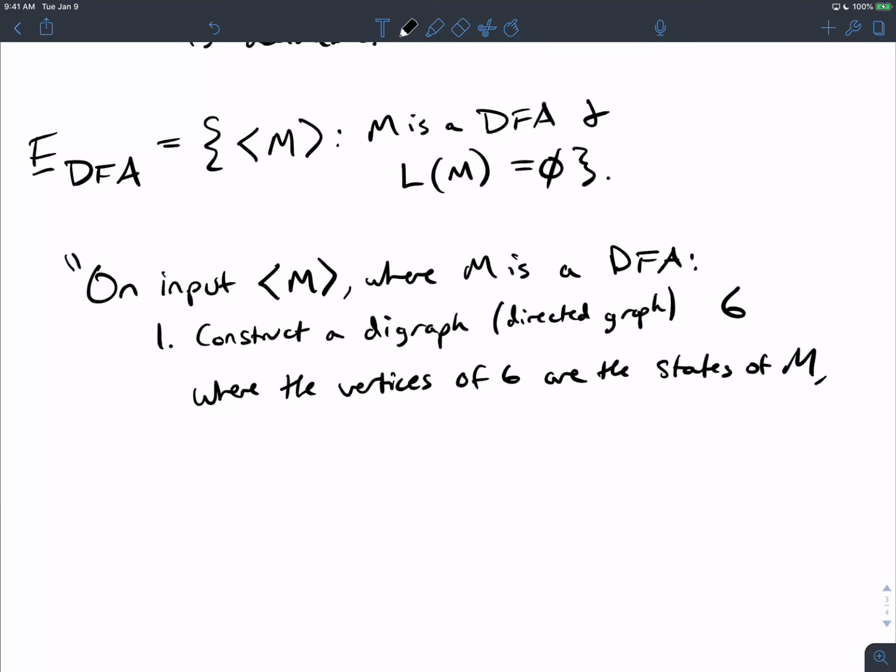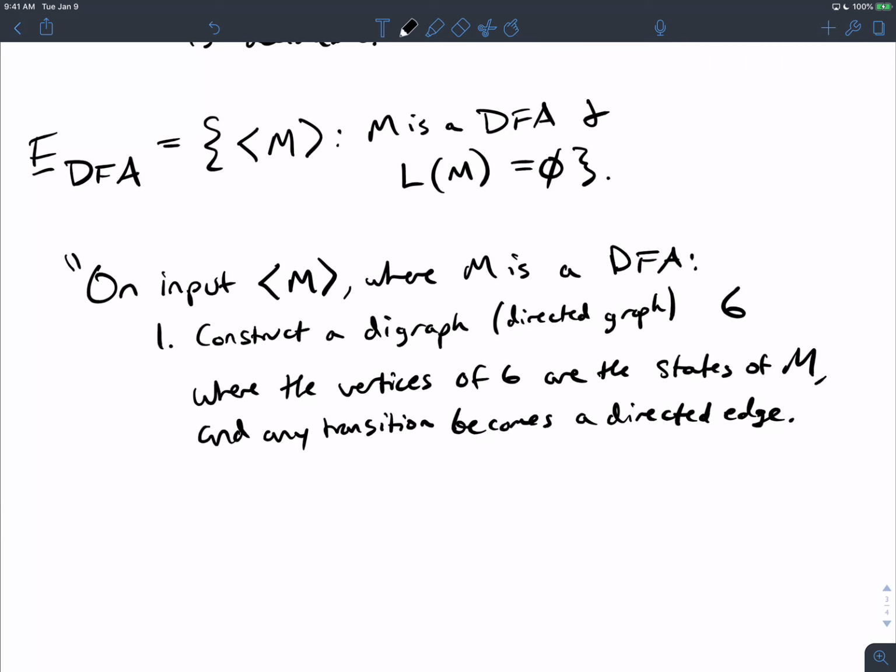So we're just converting each of the states to a vertex in the directed graph, and any transition becomes a directed edge. And if there are two transitions between the same states in the same direction, then we just collapse them down to a single edge.